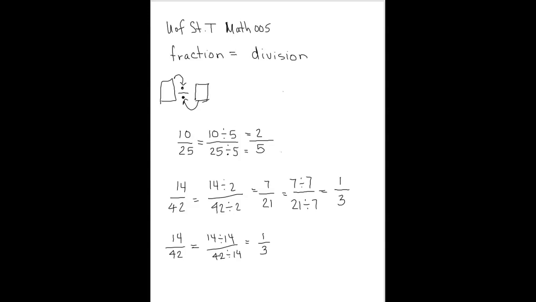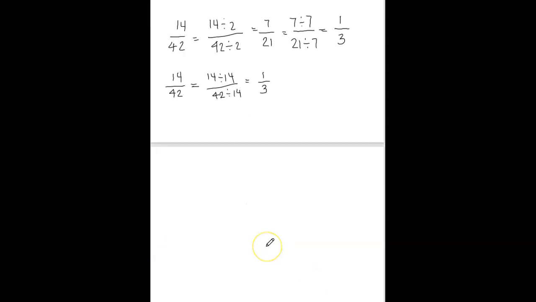Another way you could write this, instead of just saying dividing by, is to take my 14 and my 42 and say that those are equal to 2 times 7, and here 2 times 3 times 7. In breaking it up like that, it makes it really easy for us to spot that 7 over 7 is nothing more than a 1, and 2 over 2 is nothing more than a 1.